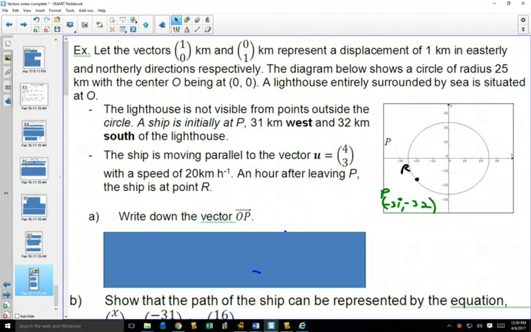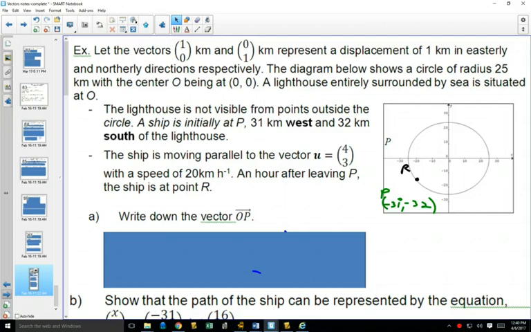And the last question. So we have our unit vectors, 1, 0 and 0, 1, going 1 to the east and 1 to the north. O, being the origin, is where there is a lighthouse.